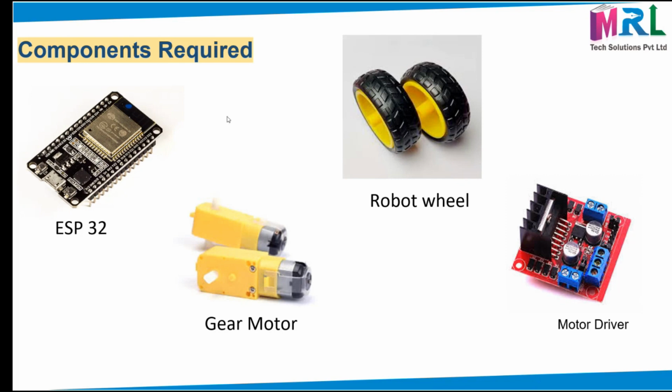Next we are going to add 2 more components. After that we are going to connect with the ESP32 and then make your car run automatically. It will go forward, backward, left, right. It will move automatically. You don't need to do anything. The program itself will run the car.